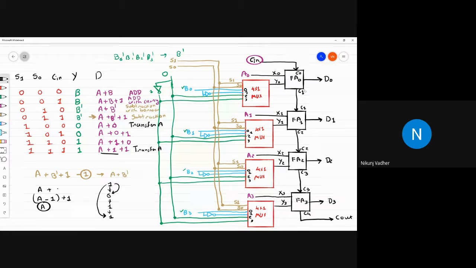Minus 1 plus 1 is 0, so A. Similarly, if we ignore this 0, A plus 1 will be represented as decrement. And next, this will result into increment.